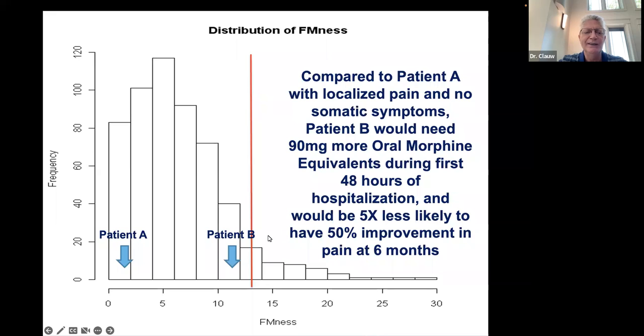And patient B is 5 times less likely to get better if we send him or her to the orthopedic surgeon to get their hip or their knee replaced than this person, just based on what their fibromyalgia score was. Because again, the fibromyalgia score seems to be a really good measure of that person's amplifier setting. And if their amplifier setting is really high, you should be therapeutically attacking the amplifier, not the guitar.